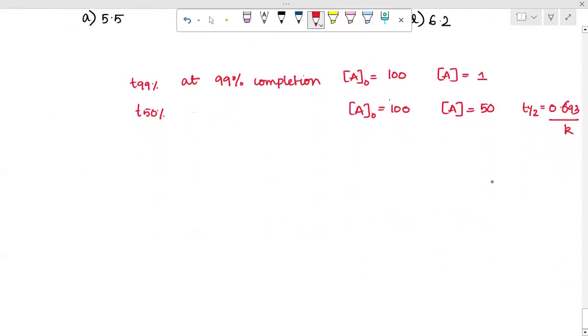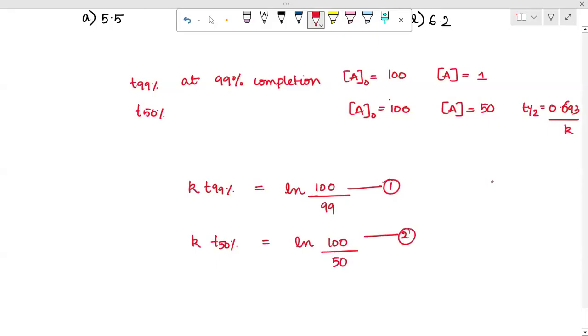So let's try. For t99, the integrated rate equation will be k t99 is equal to ln of initial concentration by final concentration. Correct? Now for t50, k t50 is equal to ln of 100 divided by 50. So let's say this is 1, this is 2.